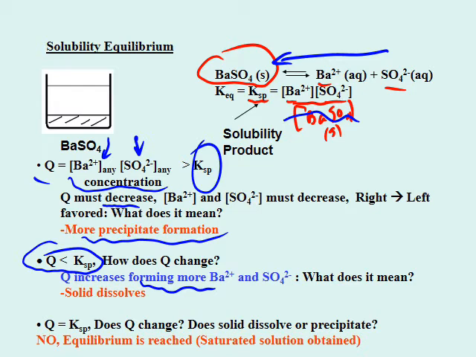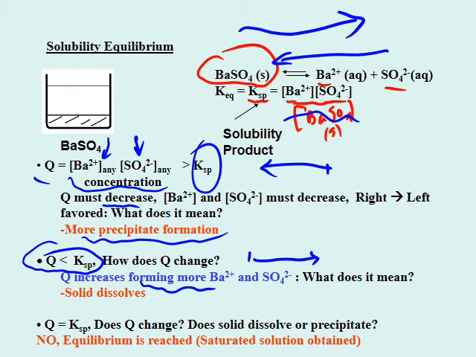Now, Ba2+ increasing means the reaction has to go from left to the right. That means more of the solid would go in solution in the second case. So here the direction of reaction will be towards the right. In the first case it is going to be towards the left, because you're getting precipitate.